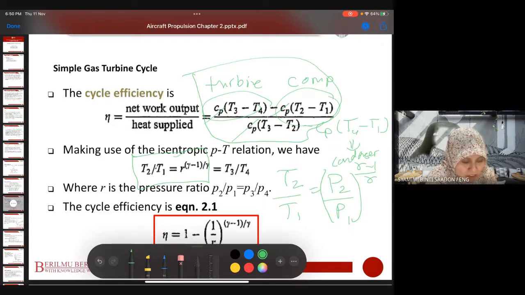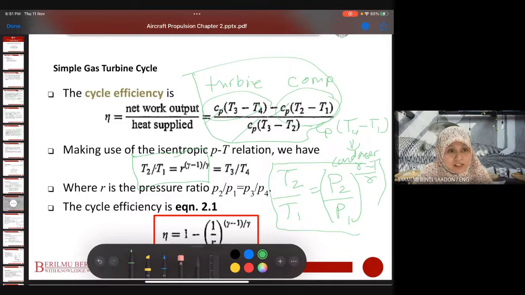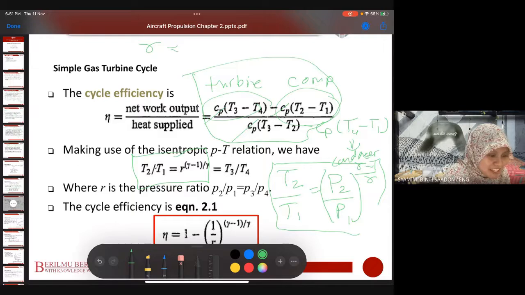I rewrite the relation in this way. This equation can be applied only if you assume that the fluid is an ideal gas, so it's very important to assume ideal gas first. So what is gamma? Gamma, or sometimes noted as small k, is the specific heat ratio.